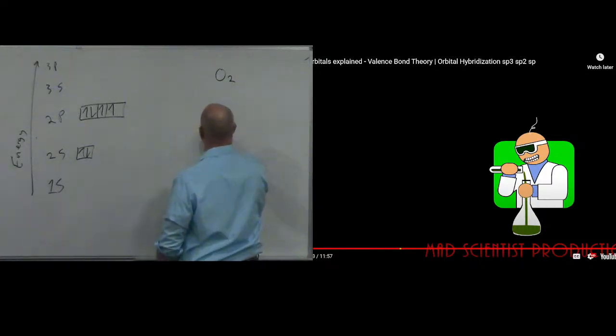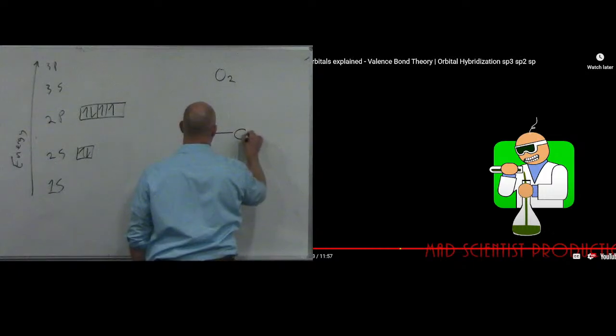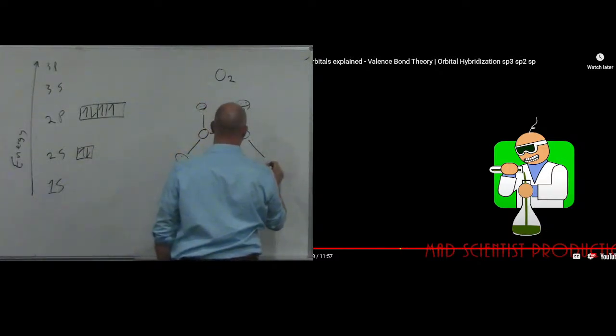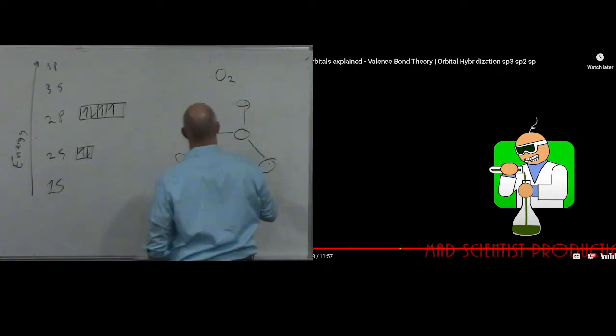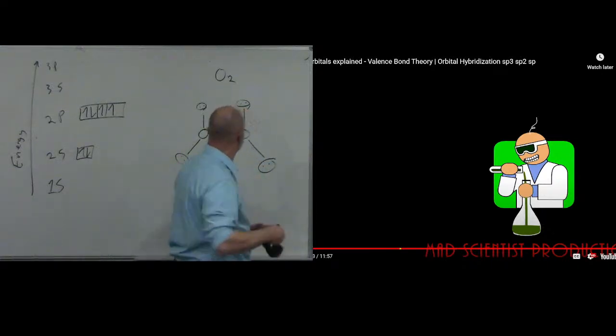So if I were to draw each one, I've got a pair of unbonded electrons, I've got a pair of unbonded electrons, then I've also got to have a double bond, right? So I'm going to have that. I don't like the way I drew this. It's going to be a lot easier to do it this way.